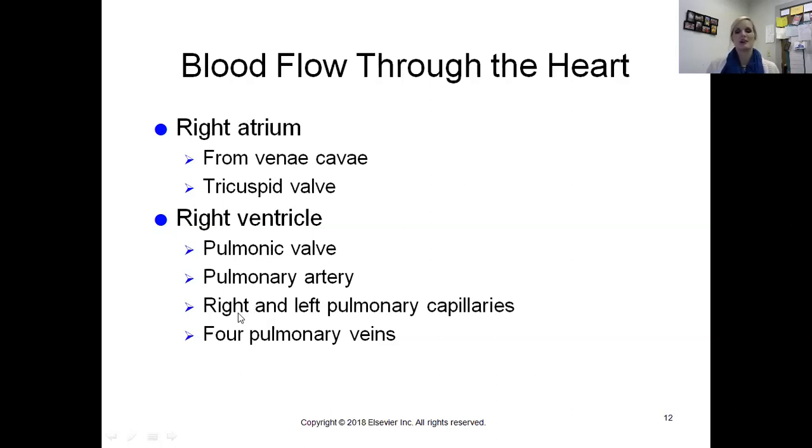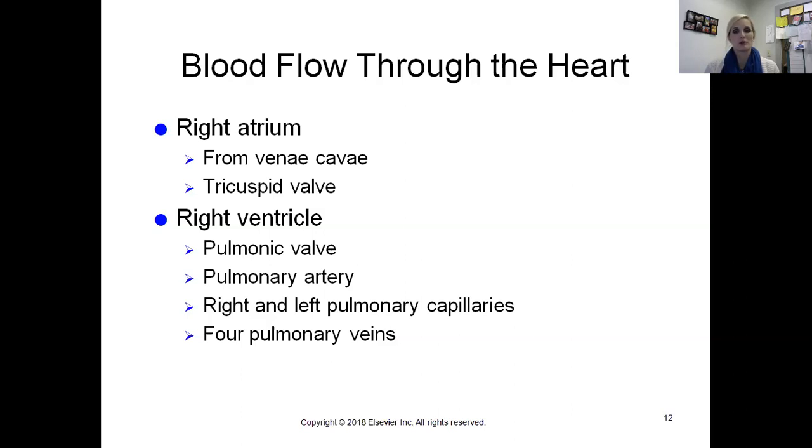The lungs, we'll talk about capillaries a little bit later, but within the lungs, we have right and left pulmonary capillaries, which is where carbon dioxide will be dropped off and oxygen will be picked up. Our capillaries, when we talk about that in the next chapter, those blood vessels are what's called the exchange vessels. And so that exchange of carbon dioxide and oxygen will take place.